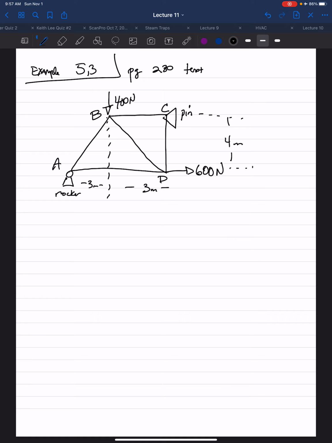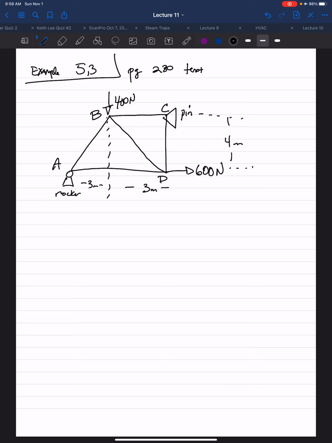Okay. So with A being a rocker, we have an AY component here. So there are 3 unknowns at joint A, no knowns. At joint B there is the 400 Newton force known, yet there are 3 unknowns: the force in member AB, the force in member BD, and the force in member BC.